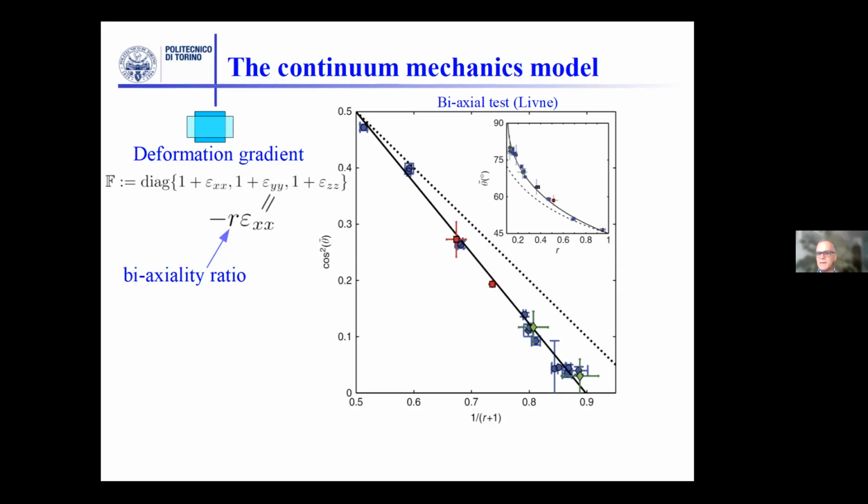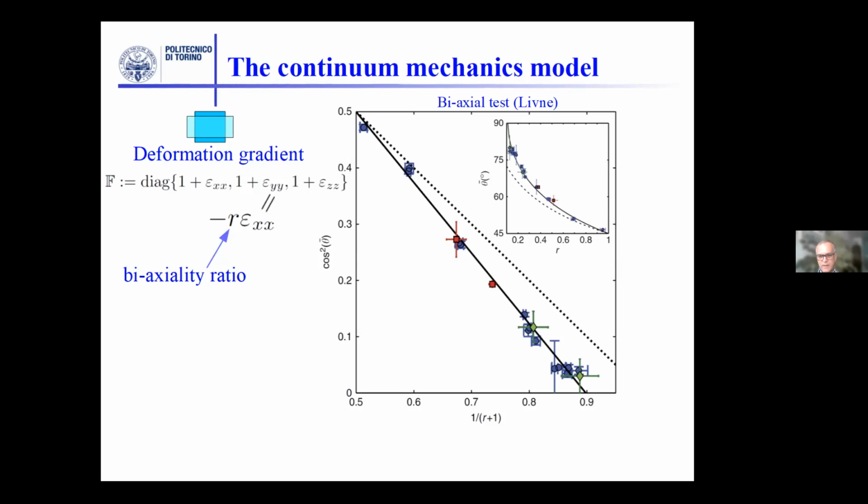The straight line, however, is in a very strange parameter space. On the y-axis, you have the square of the cosine of the equilibrium angle, and on the x-axis, you have 1/(r+1), where r is this biaxiality ratio. So why is that? This is what I will try to answer.